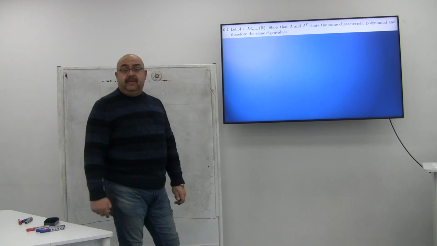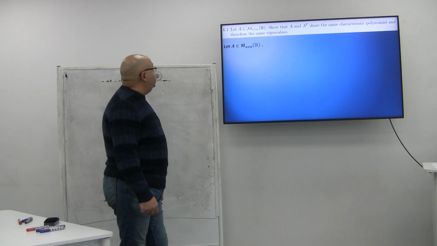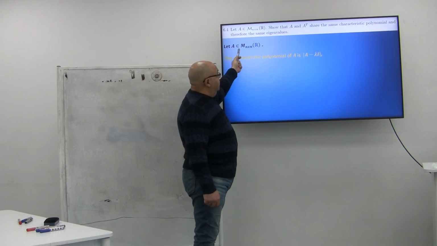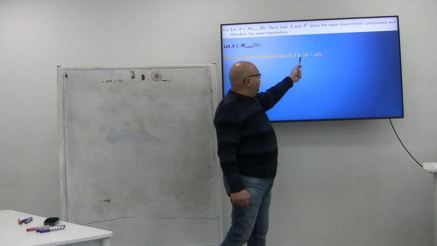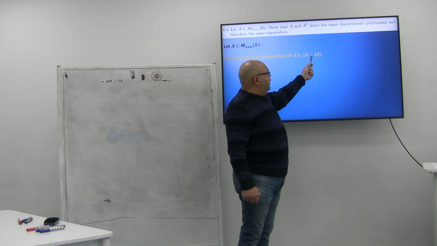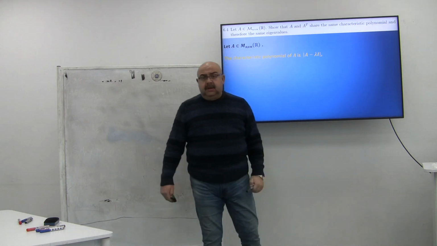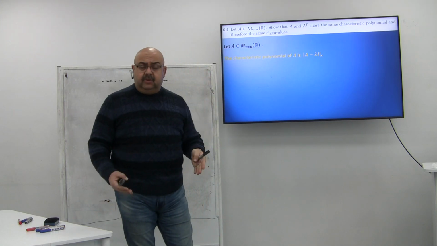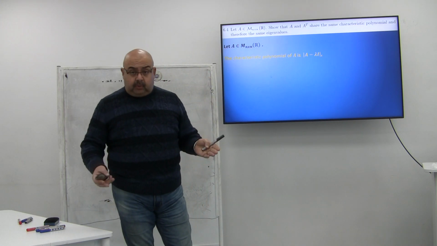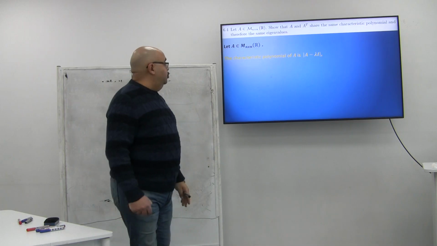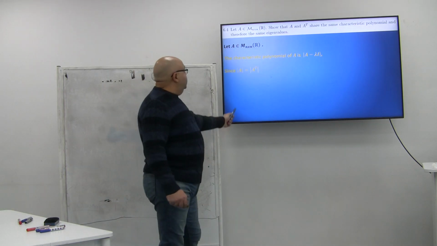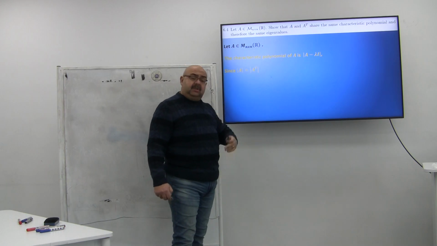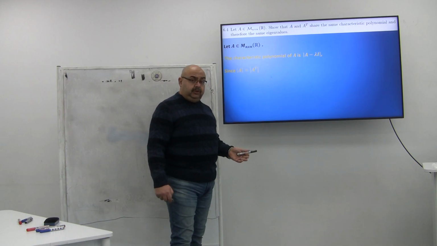I will start by reading the question. I need to write the characteristic polynomial. If A belongs to the n by n matrices, then the characteristic polynomial is the determinant of A minus lambda I. That's the equation I depend on in finding the eigenvalues. Also, the determinant of A is equal to the determinant of A transpose, from the property of determinants.